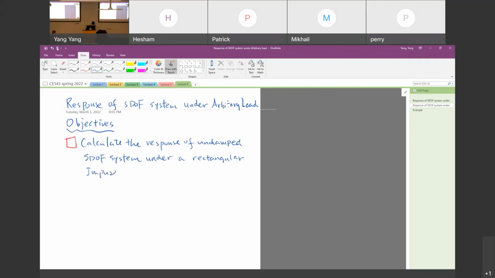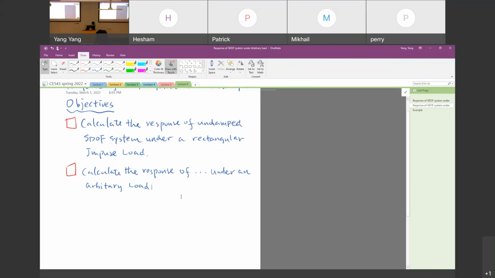Impulse. Calculate. So basically the second objective is based on the result of the first objective.